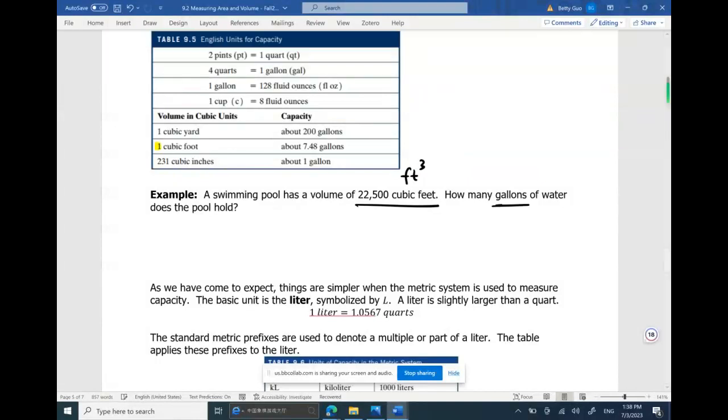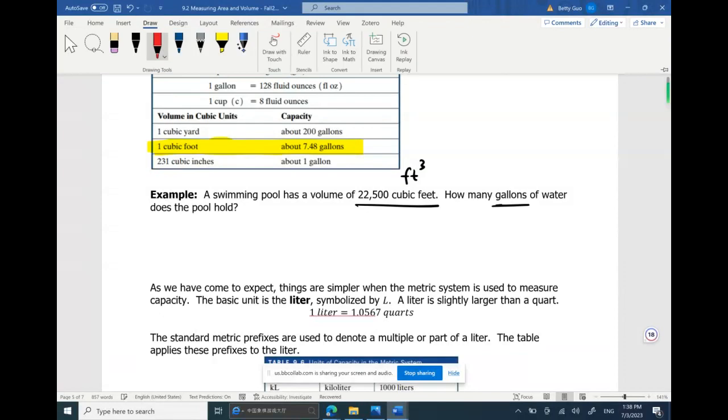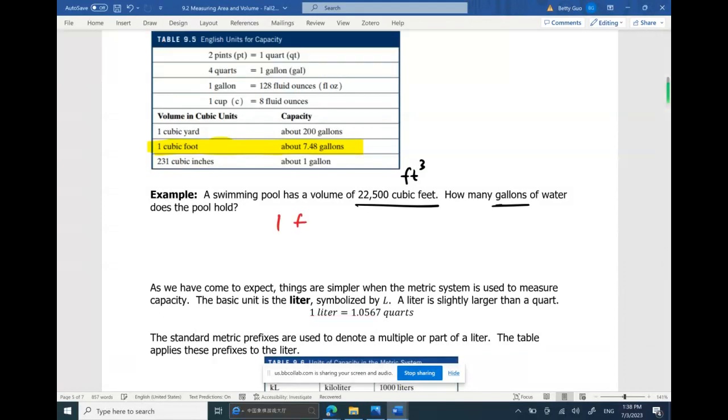It is given: 1 cubic foot is approximately equal to 7.48 gallons.